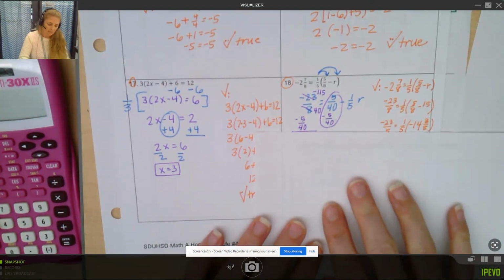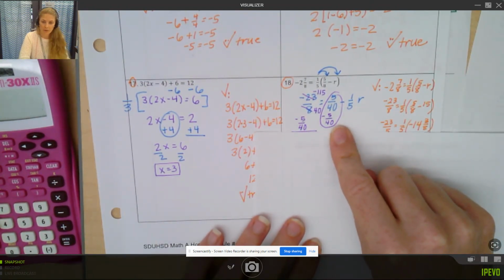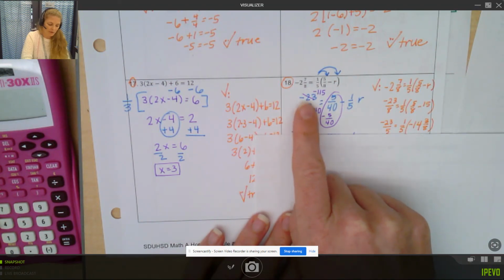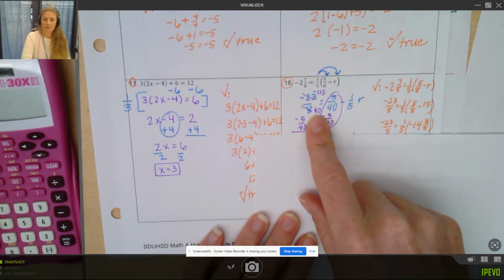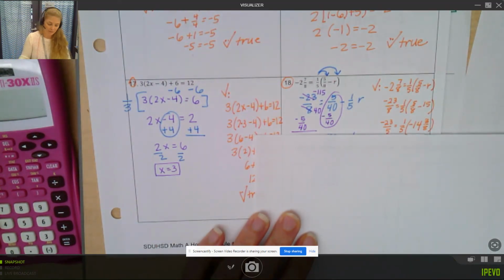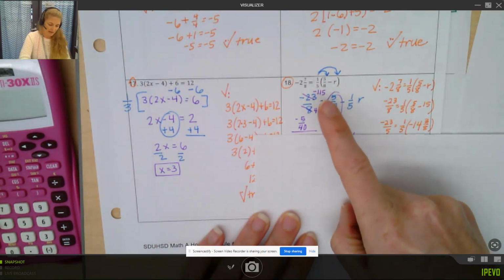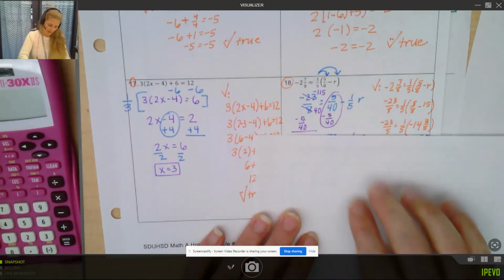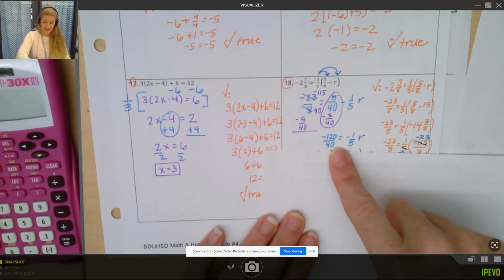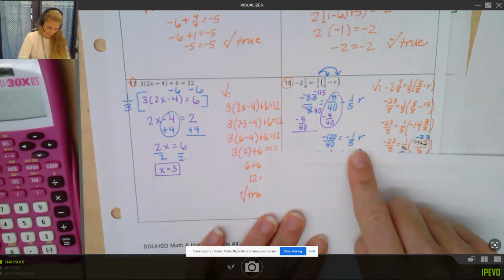From here, I'm going to subtract 5/40 from both sides. So I rewrote negative 23/8 as negative 115/40 to make it easier for me. So then when I subtract negative 115/40 minus 5/40, I get negative 120/40 equals negative 1/5.